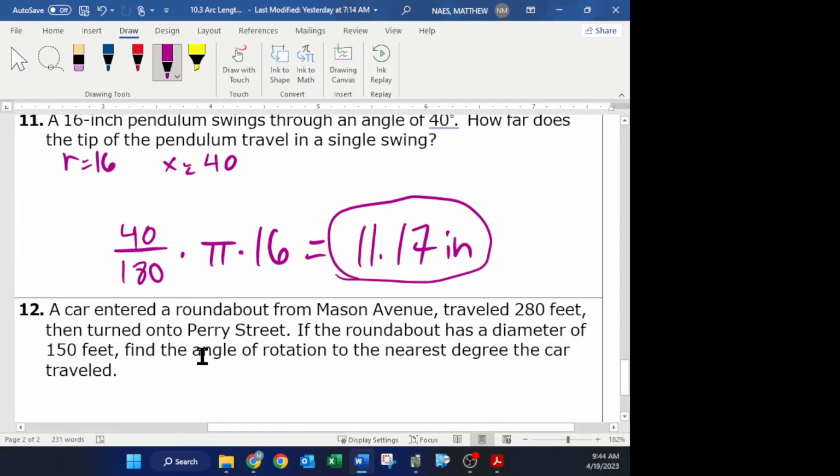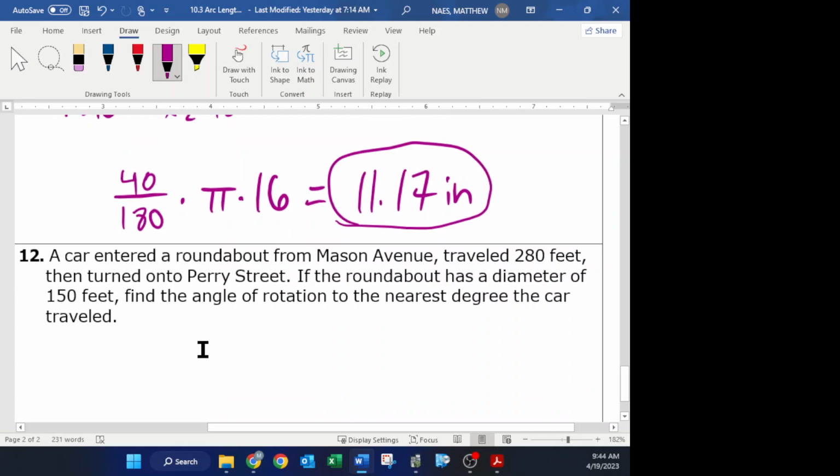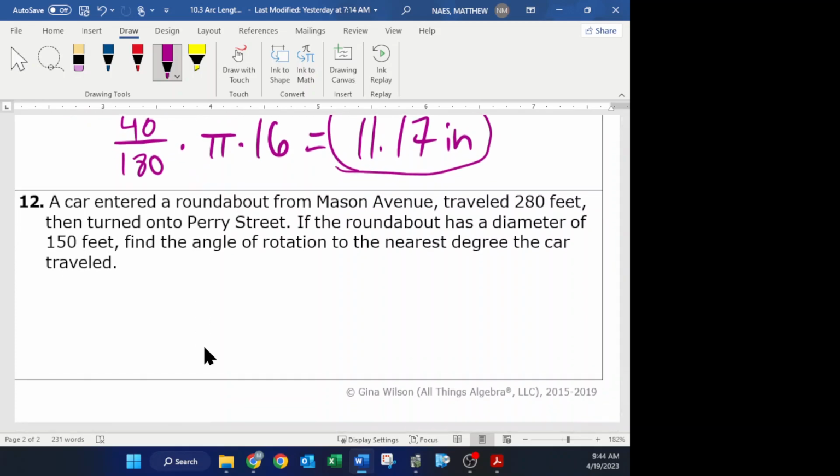All right, so the last one. A car entered a roundabout from Mason Avenue, traveled 280 feet, so that is the arc length. Then they turn on Perry Street. If the roundabout has a radius of 75 feet, find the angle of rotation.